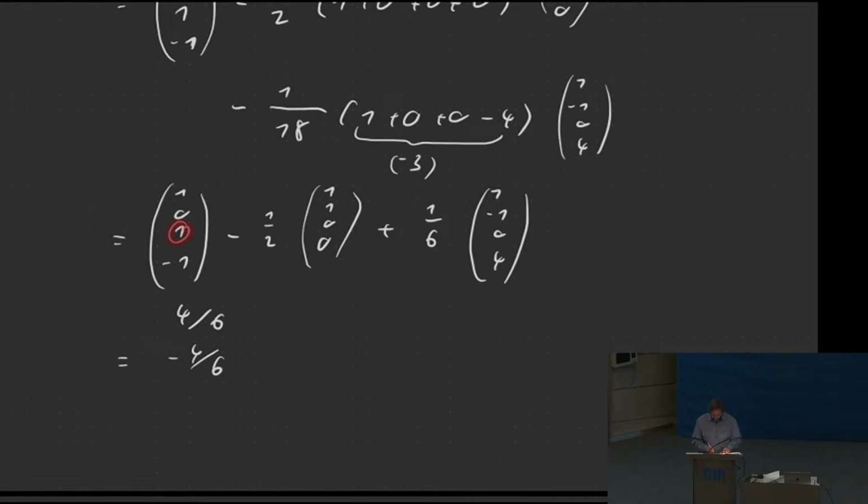Then I get 1 minus 0 plus 0, that's just 1. And finally I have minus 1 minus 0 plus 4 over 6. So minus 6 over 6 plus 4 over 6, that is minus 2 over 6.